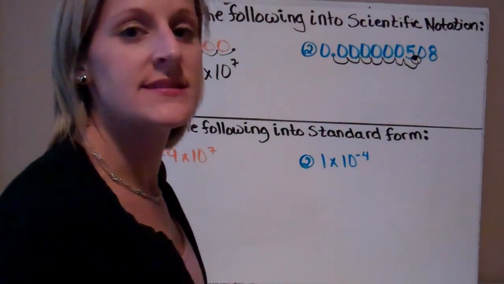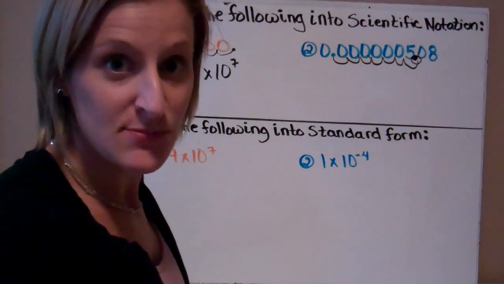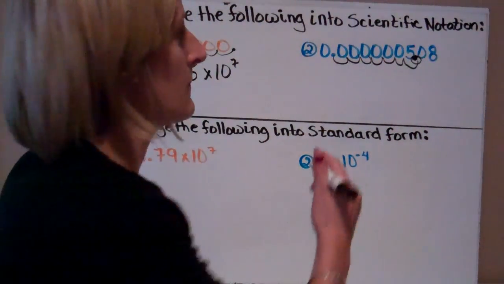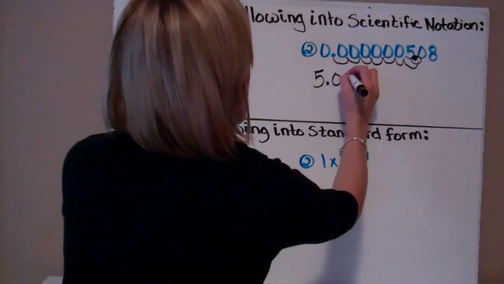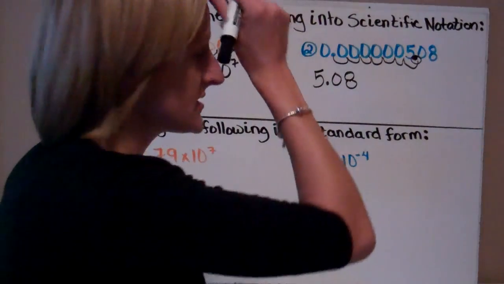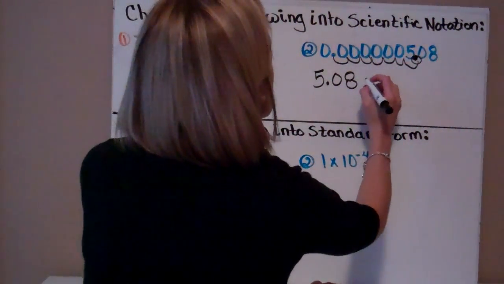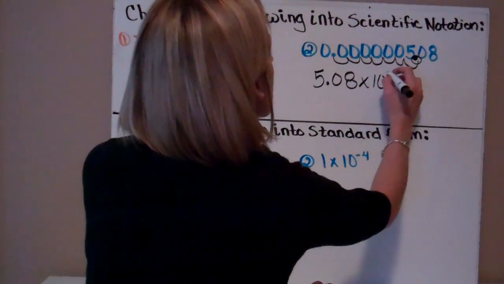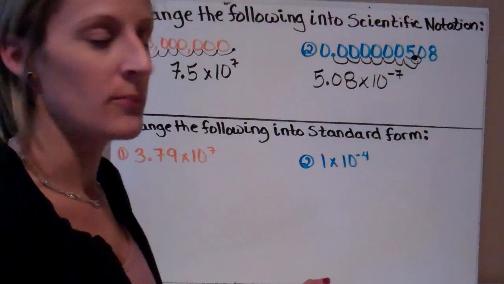But this time, instead of making it a positive exponent, it's got to be a negative exponent since it's really a small number. So I'm going to do 5.08. And notice I'm dropping all of those zeros in front, but I'm making sure I keep the back part of my decimal. Times 10, and remember it's a negative exponent, it's a very small number.